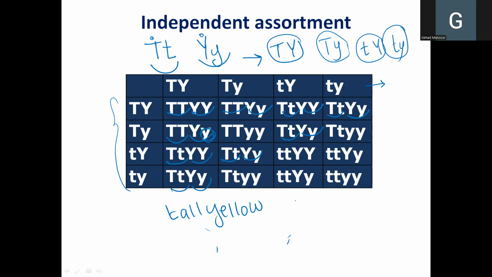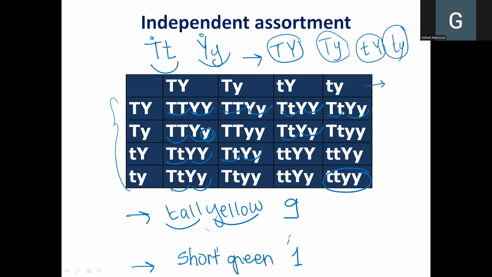So we have 9 tall yellow individuals. And on the other hand, we have only 1 short. Here we say that it is dominant for both, tall, yellow, and then recessive for both, short, green.